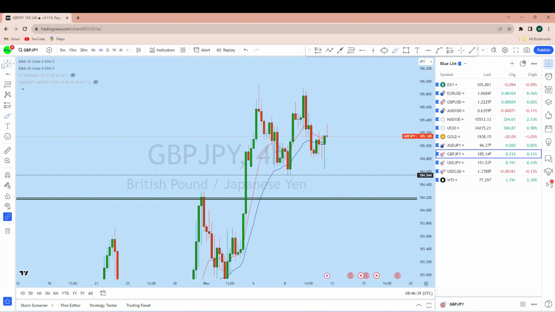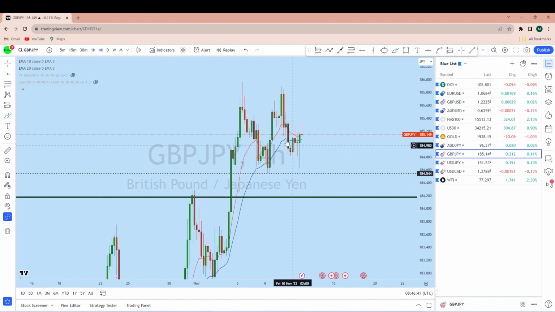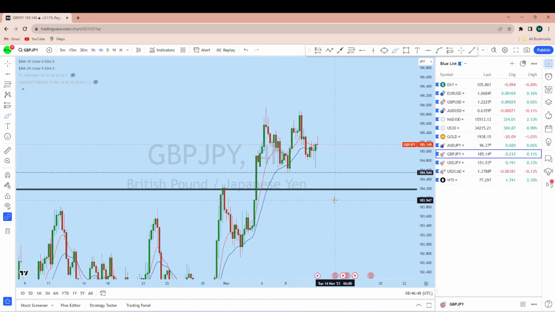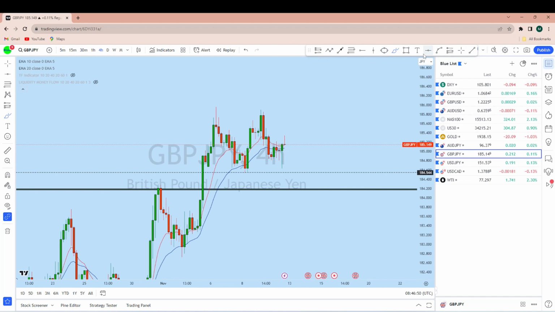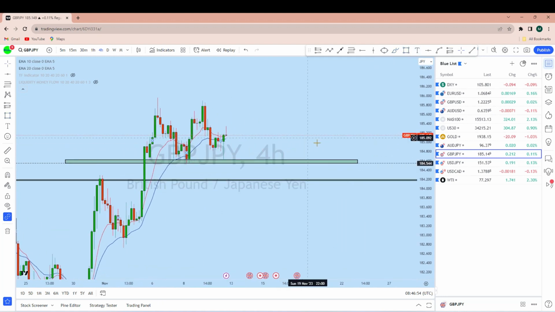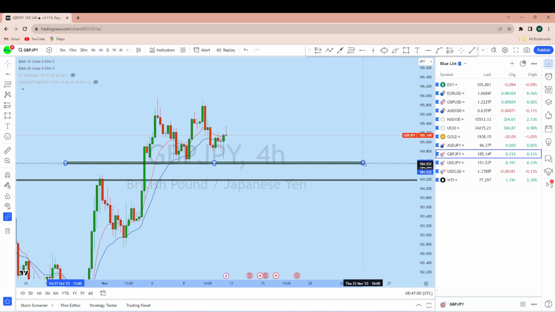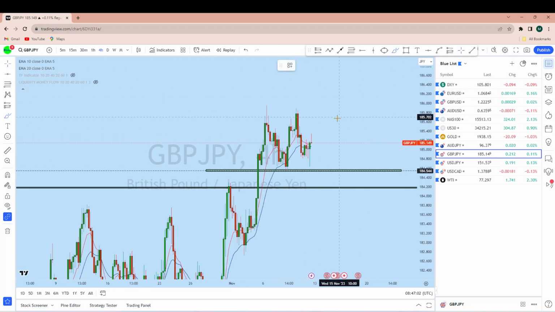So looking at the intraday perspective on GJ, we see that this market is consolidating in that area and gathering liquidity. As it is a bull market, this is a very important high area of value, and what I think is that GBPJPY might break this low, and after breaking the low we can expect GJ to gather liquidity and then remain bullish.